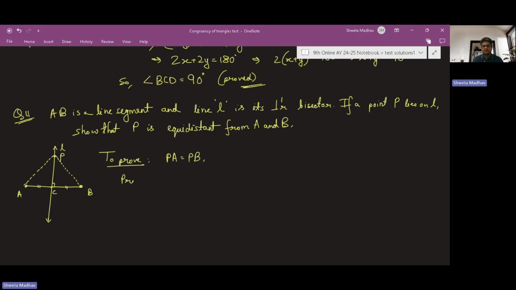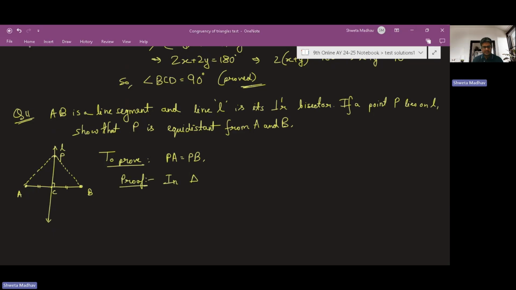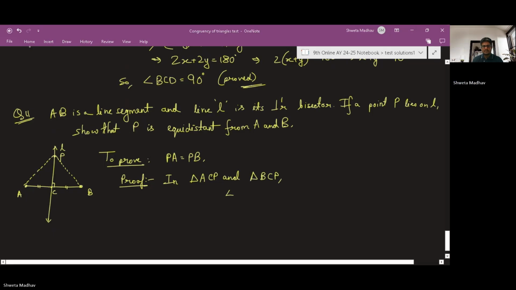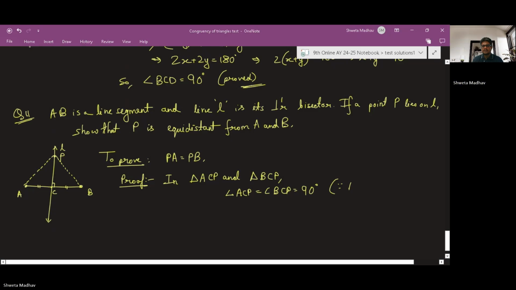So how to write the proof? In the proof we will say that in triangle ACP and triangle BCP, angle ACP is equal to angle BCP, which is equal to 90 degrees, since it is given that PC, or I can say L, is perpendicular to AB.